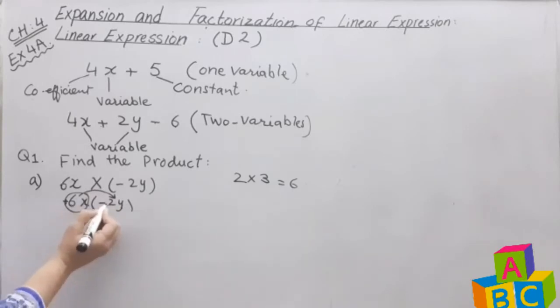So 6x times minus 2y: 6 twos are 12, x and y is your answer.